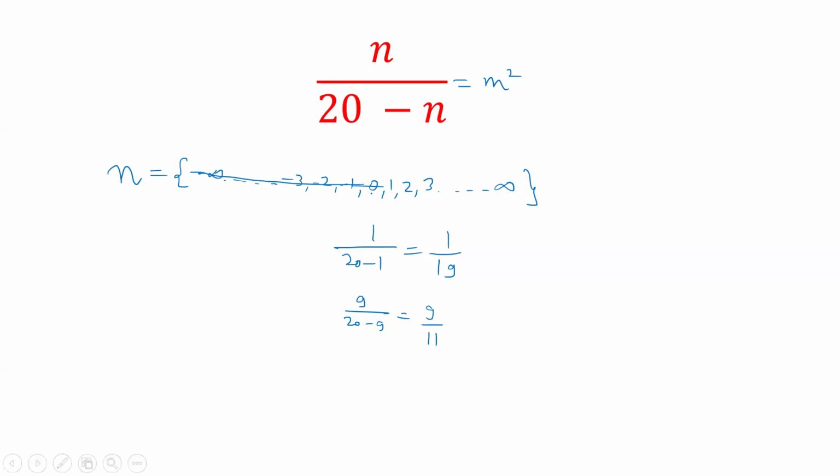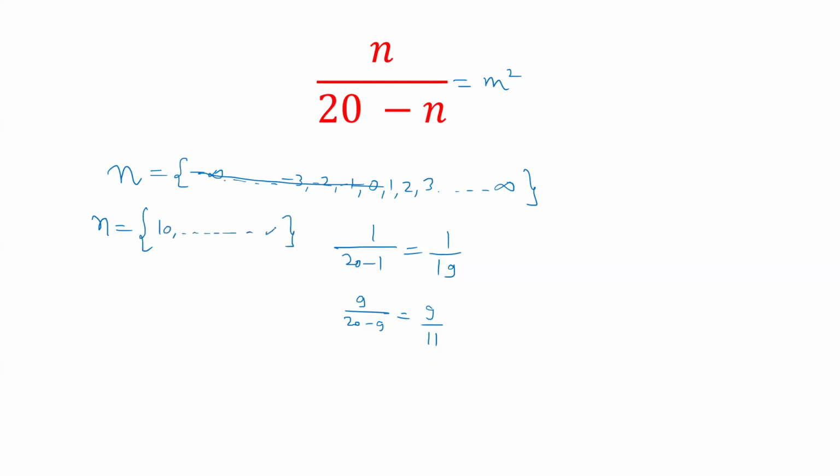So we cannot take numbers from 1 to 9. We have struck off all the negative numbers and 0, and out of 1 to infinity, 1 to 9 are not possible.